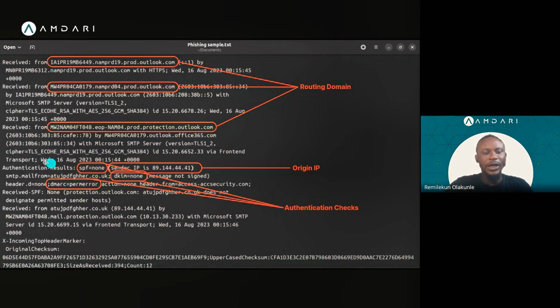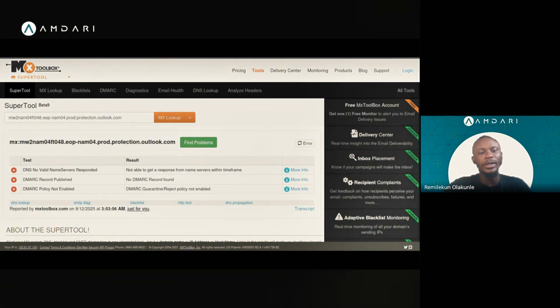And also we can observe the originating IP address here, which is the sender IP address. When we run the background check on this IP address, we discover that the IP address originated from Germany and is not associated with Microsoft. This is a screenshot of us running the domains it passed through over a tool called MX Toolbox.